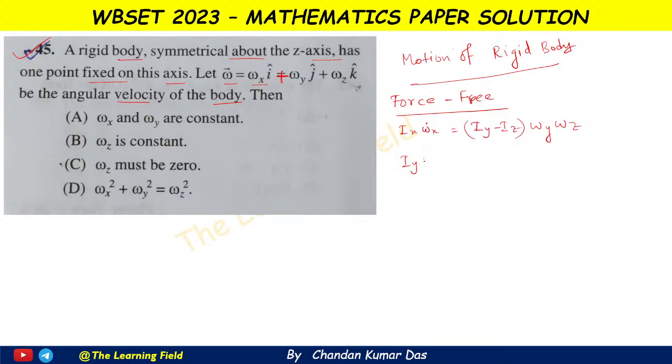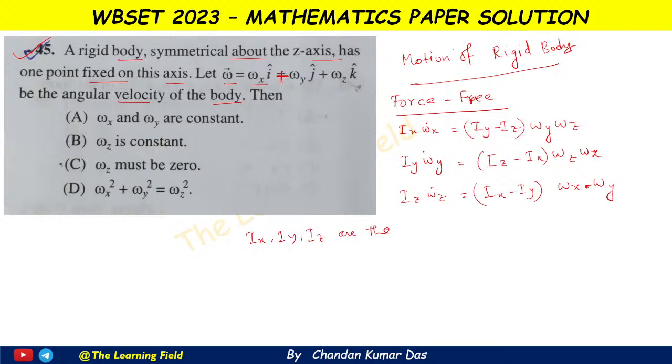Second, Iy omega y dot is equal to Iz minus Ix into omega z into omega x. And third, Iz omega z dot is equal to Ix minus Iy into omega x omega y.